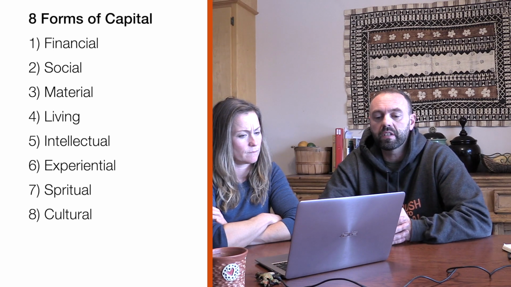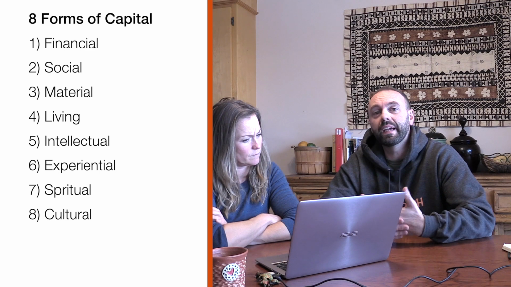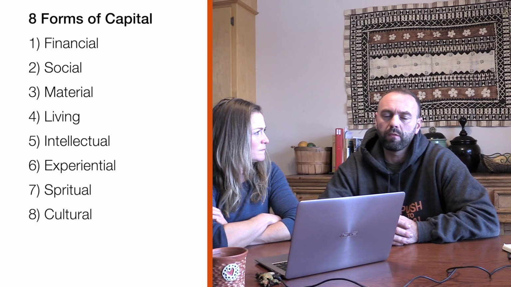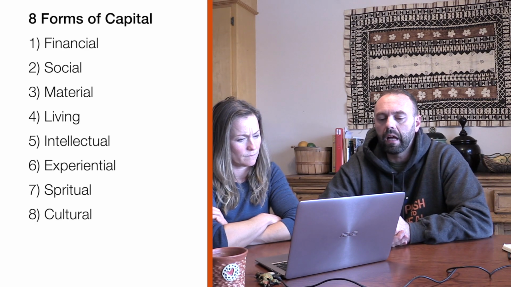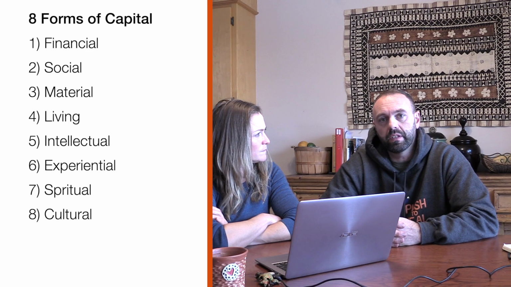Experiential capital, which are the experiences that you have, but also the experience that you've gained over the years. Spiritual capital, which is kind of why you get up in the morning and what drives you, essentially. And cultural capital, which is a form of capital that you share amongst your community. So you can't own cultural capital on your own. It's a collectively owned form of capital, in a sense.